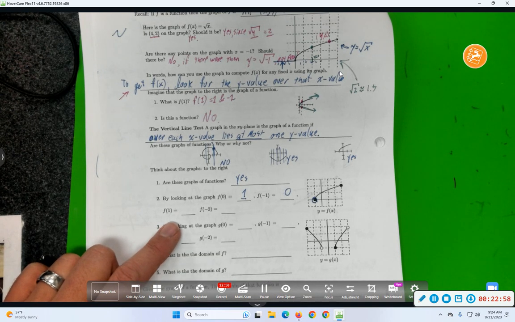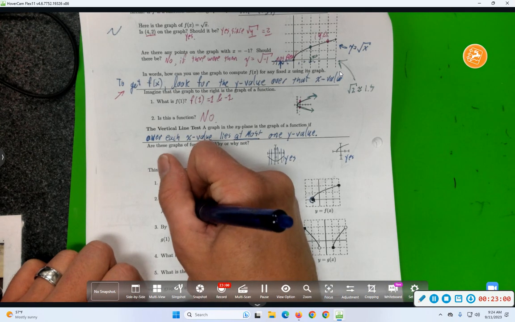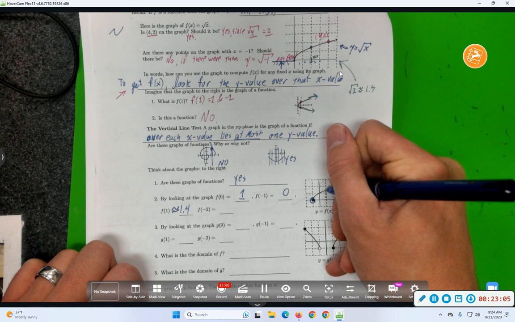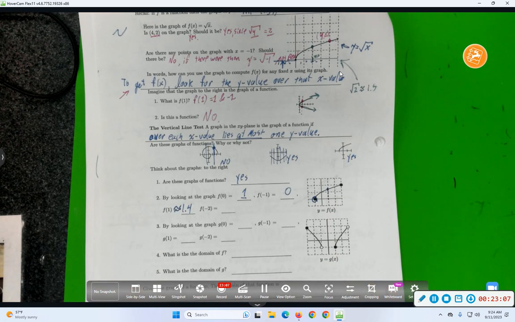F of 1. 1.4-ish. Right. And maybe you're saying 1.4-ish because that looks vaguely square root of 2 looking. Realistically, looking at that graph, you probably couldn't get that many decimal places. It's somewhere between 1 and 2, though. F of negative 2.